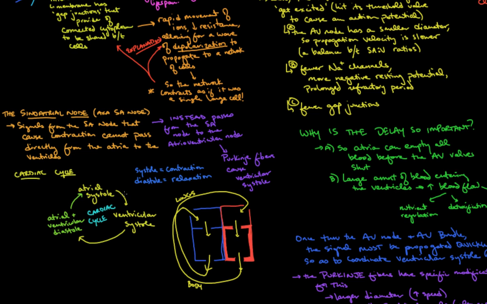So in the atrial systole, the atria contract and force the blood into the ventricles, then the ventricles go through systole, or contract, and they force blood out. When they force blood out, the AV valves shut. When they shut, the atria fill back up from the pulmonary vein and the vena cava.